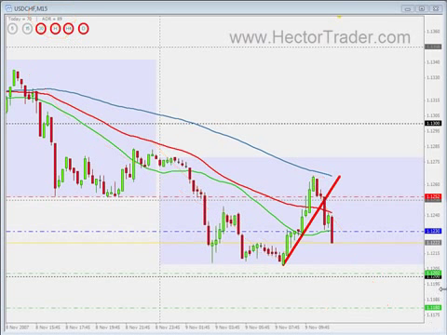As usual, as you guys know, I like to keep an eye on the average daily range for a currency as far as my intraday trade targets.